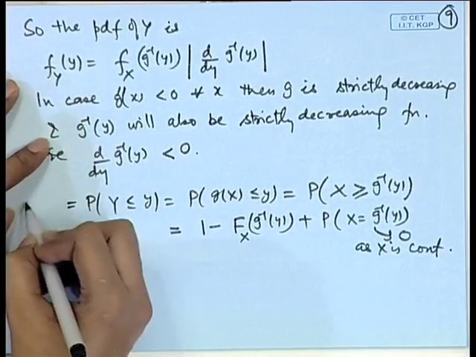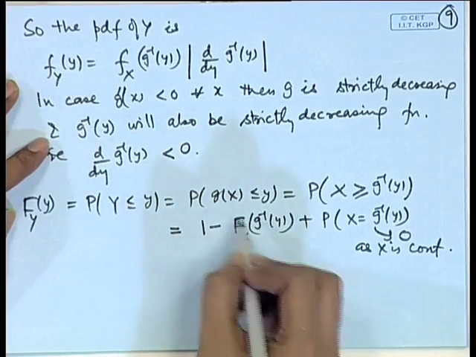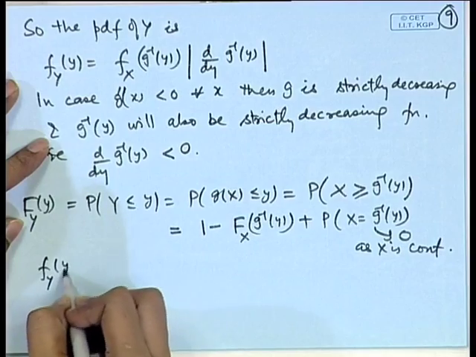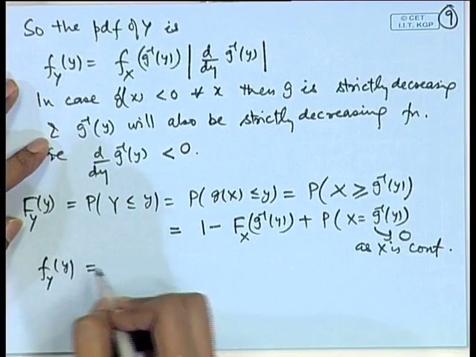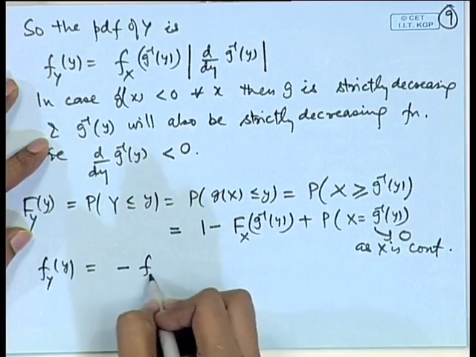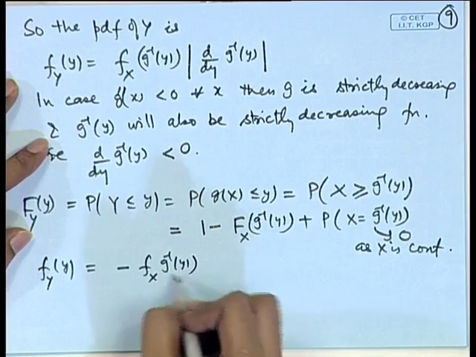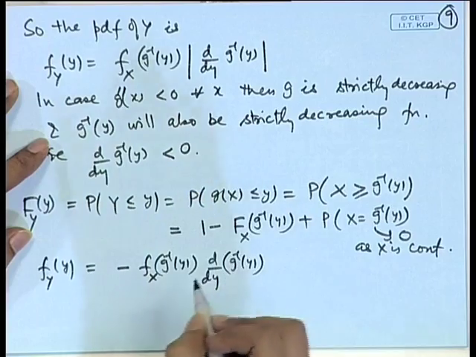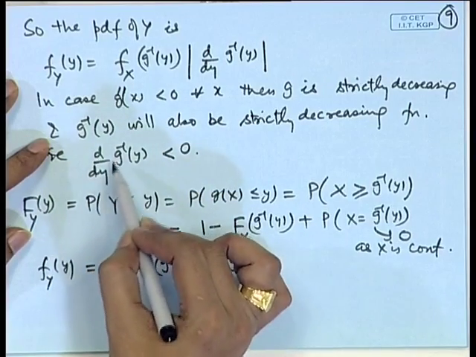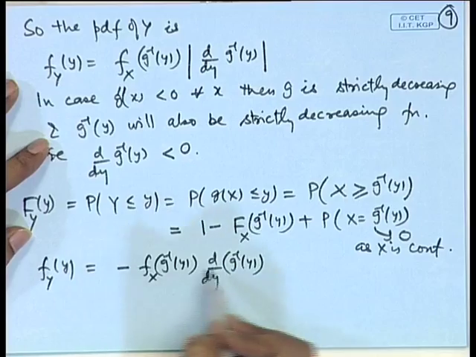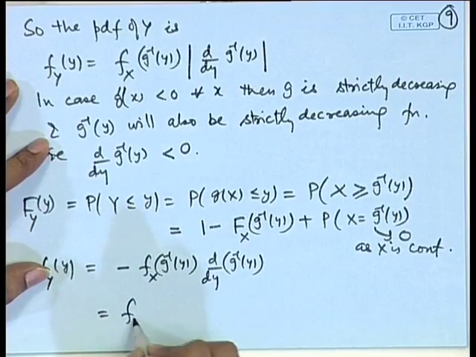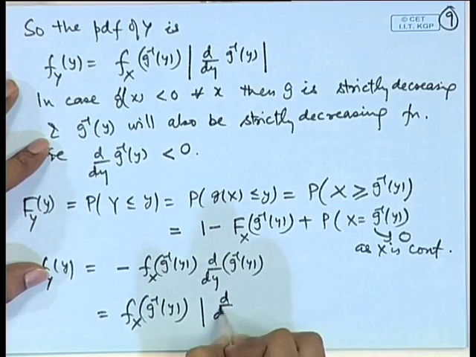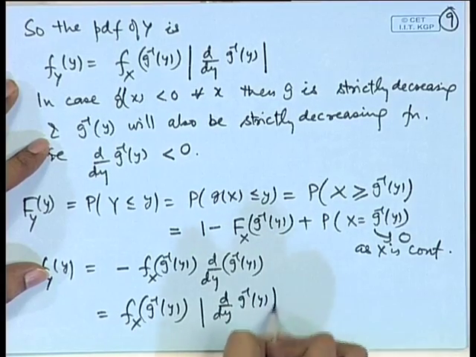So, the CDF of Y is determined in terms of the CDF of X. So, if you differentiate, we get the PDF of Y as minus f_X(g inverse y) into d/dy of g inverse y. Since d/dy of g inverse y is negative, minus of this is the absolute value. So, this is f_X of g inverse y multiplied by the absolute value of d/dy of g inverse y.